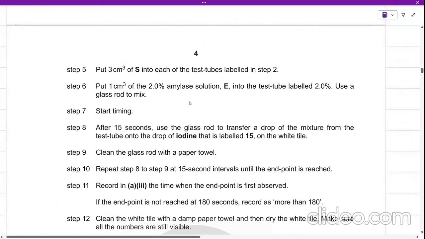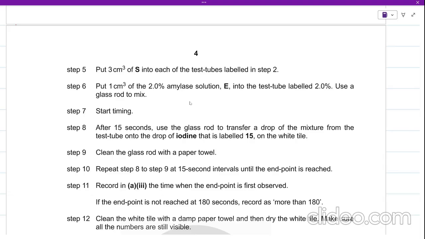When we add the starch to the amylase solution, we start the timer. As time passes, at the 15 second, the 30 second, the 45 second, we will be placing a drop on the required labels on the white tile to see how much hydrolysis has occurred.